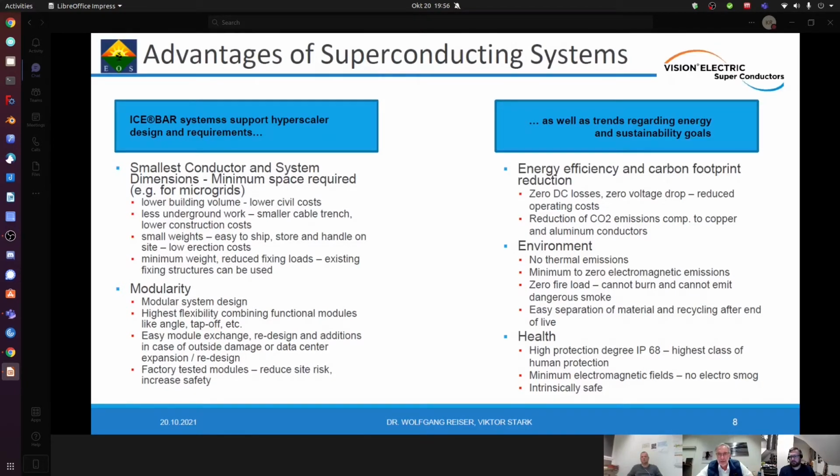So the materials can be easily separated and recycled. And of course, we are taking care of security. The complete system is completely encapsulated, so very high protection degree of IP68, and therefore it is human safe and absolutely safe for everybody that is working in a data center.